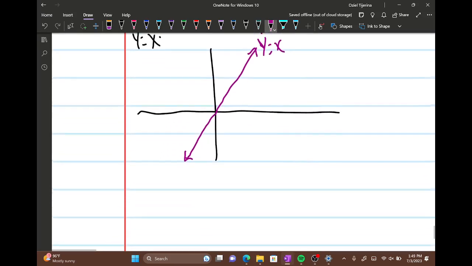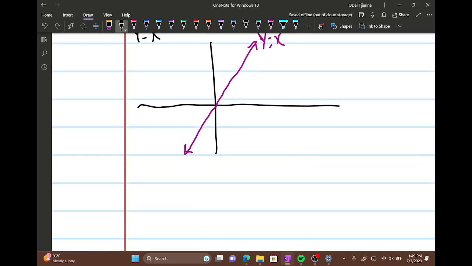And the domain is always what your x term is. I want to make that very clear. It is the x values defined at f of x.